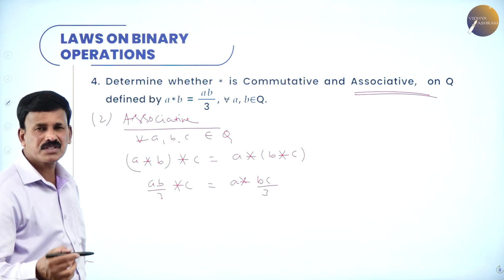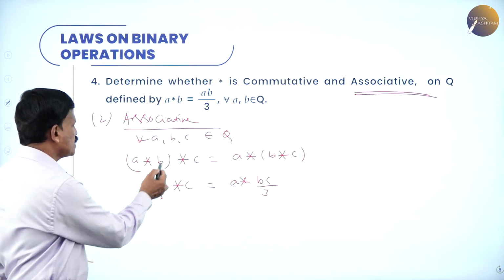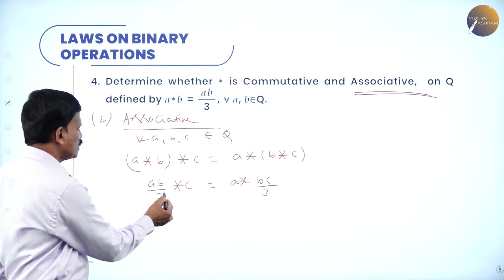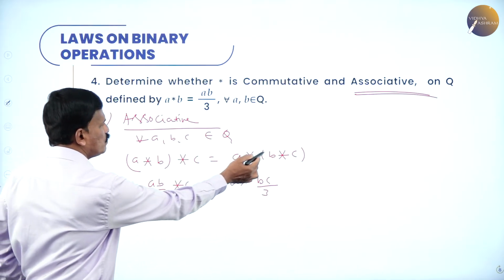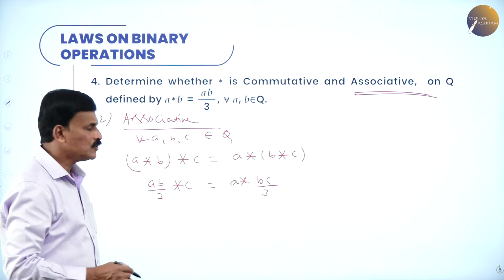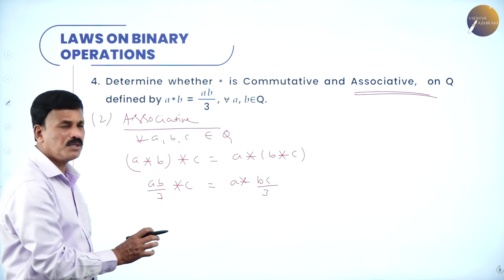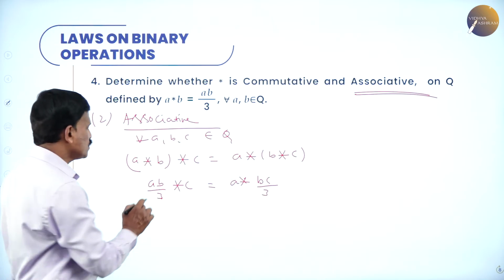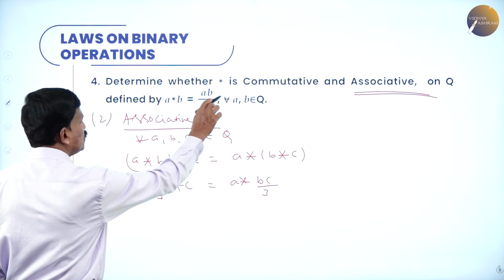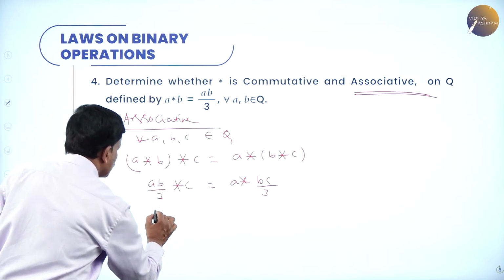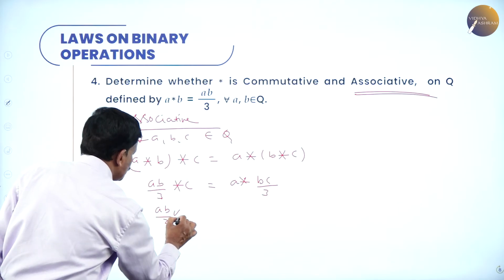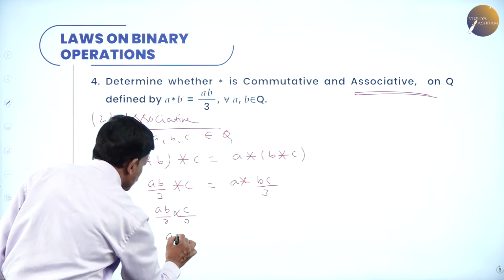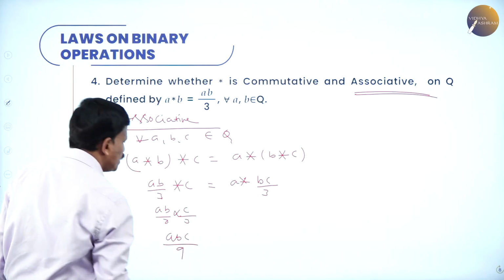Okay, straight away I will solve the problem. What is A star B? AB divided by 3 star C. What is B star C? BC divided by 3. So, again this is nothing but A star B: first element AB by 3, second element C. So this can be written as AB by 3 into C by 3, that is nothing but ABC divided by 9.